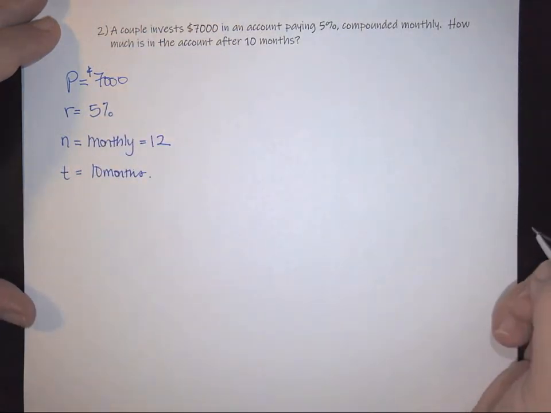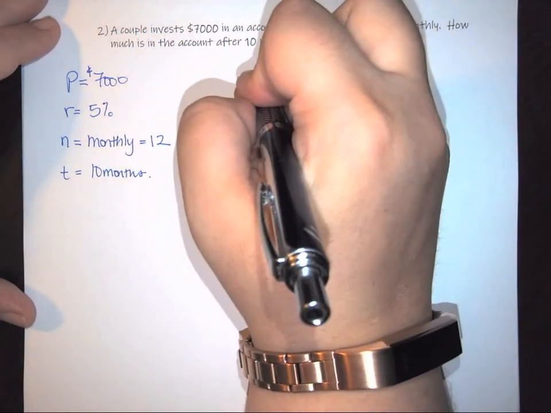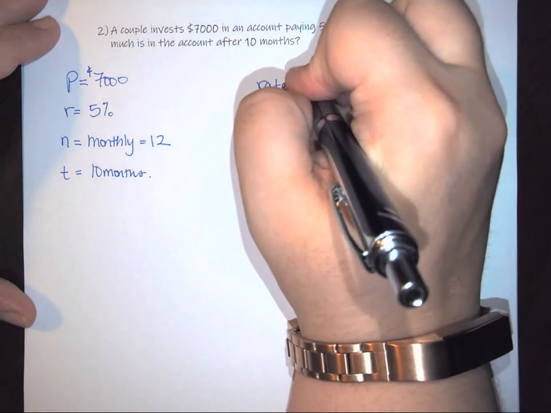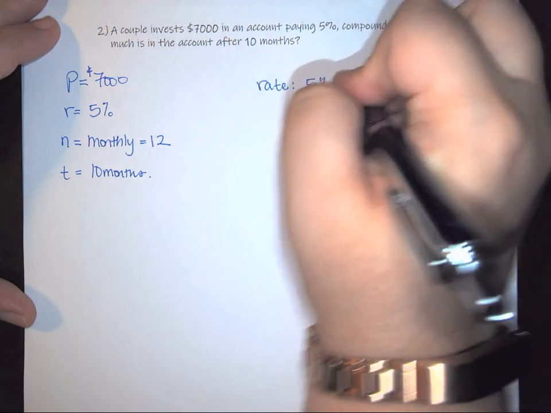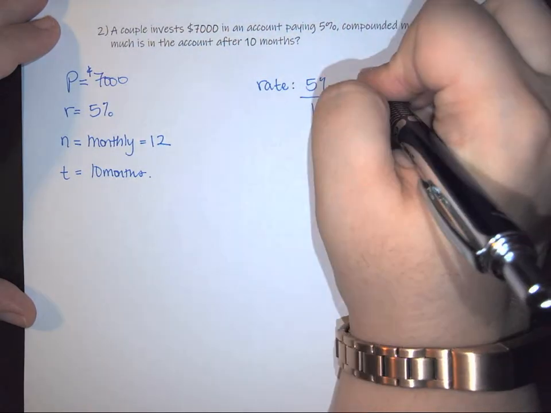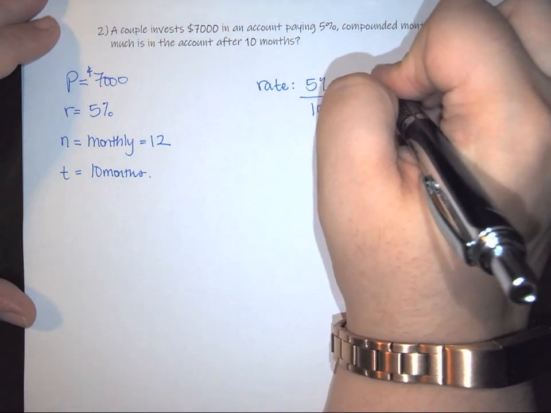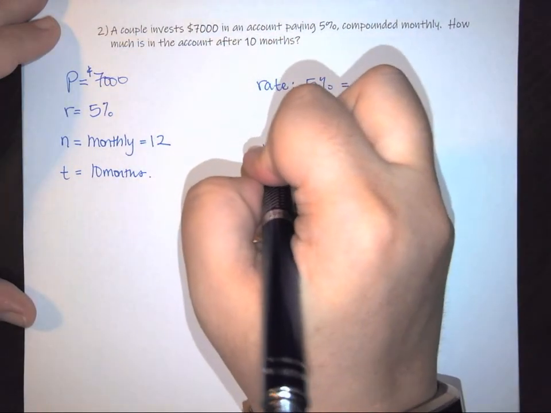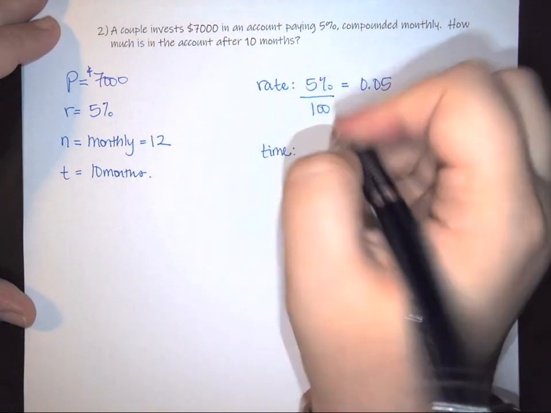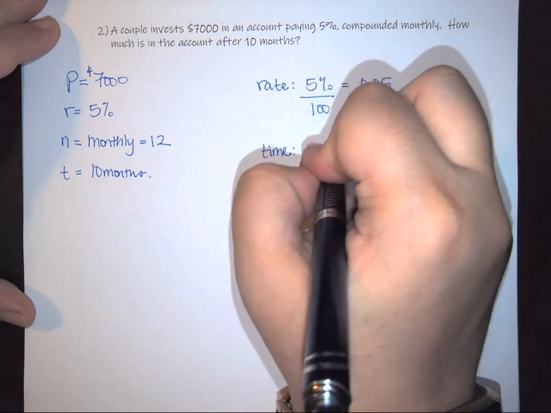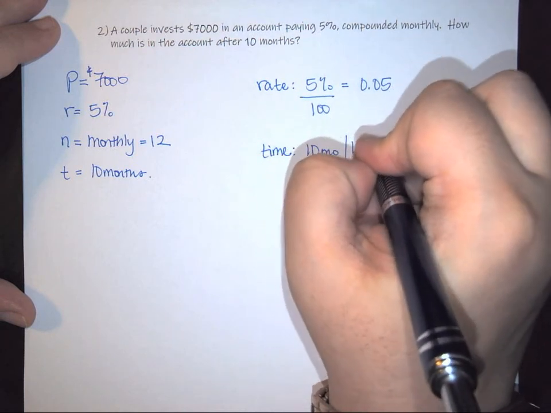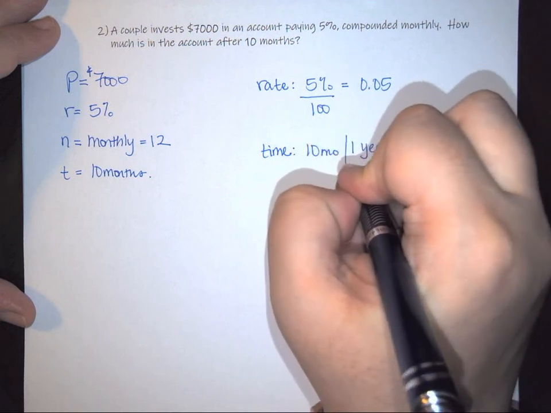So again, there's a couple things that we need to look at. First, we have your rate here, which is 5%. Again, we have to divide that by 100, so we get 0.05. And then my time was given in 10 months. So in order to get 1 year, we remember that there's 12 months there.